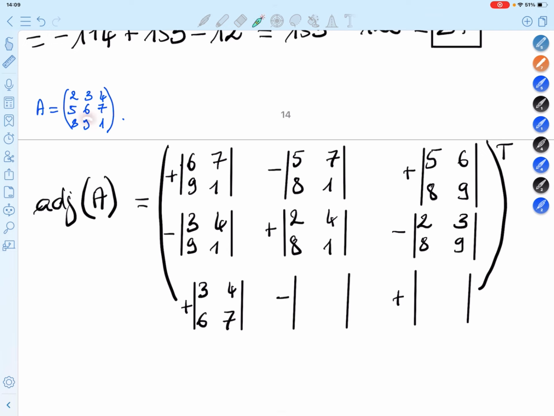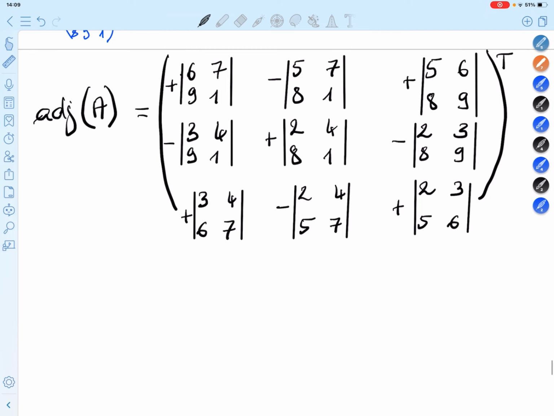Then this one, we're gonna be left with 2, 4, 5, 7. And lastly, third row, third column, so we have 2, 3, 5, 6.